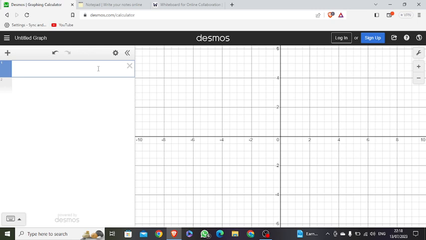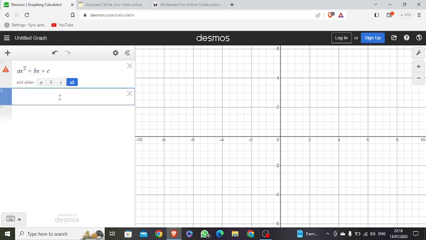Let's take the general form ax squared plus bx plus c. Okay, now we can differentiate this exactly, but let me not do that first, and let me just do it separately.